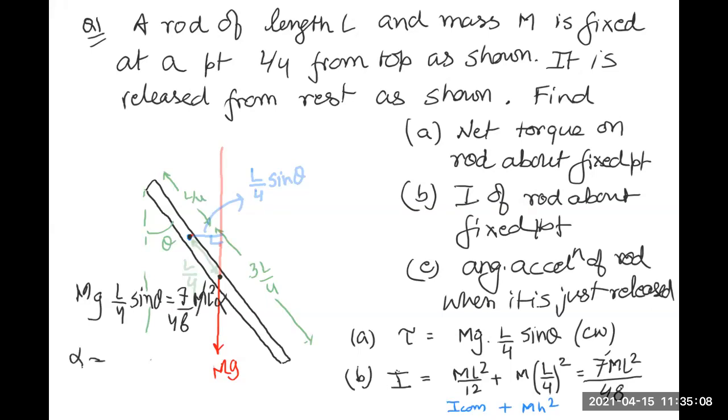So m cancel हो गया, L cancel हो गया, 12g sin theta divided by 7. हाँ, बिल्कुल सही.